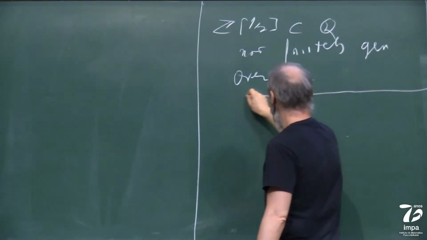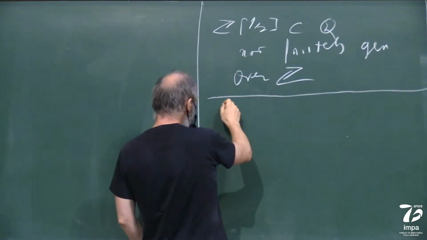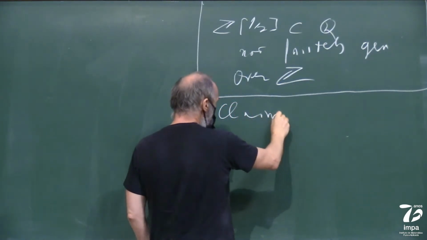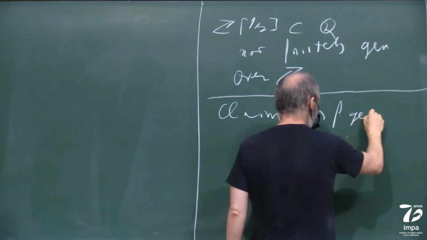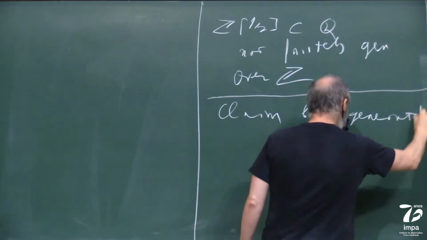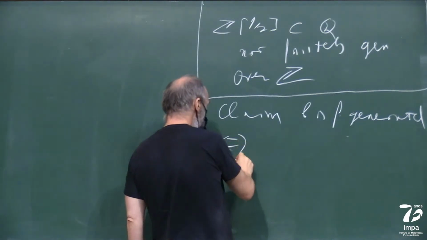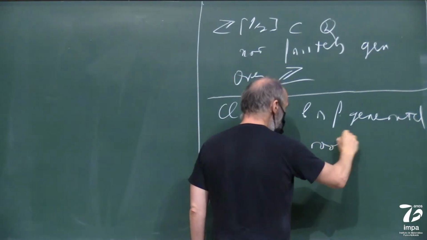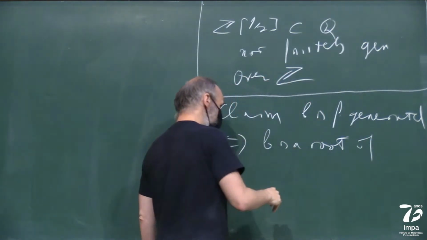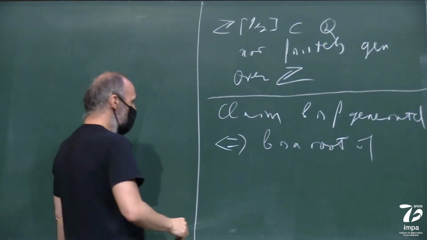Okay, and there was also a result, a claim, that b is integral if and only if b is a root of a monic polynomial. Monic means that the leading term is 1.